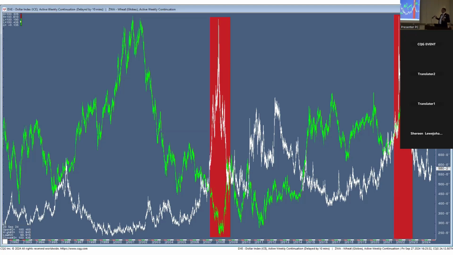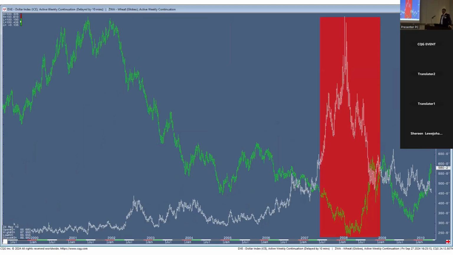And this is where we go back to the beginning. It's not just one thing. It's a combination of multiple factors. It could be the dollar, it could be the climate, and it could be all sorts of things. So it's just a matter of trying to put it all together to try and find this.